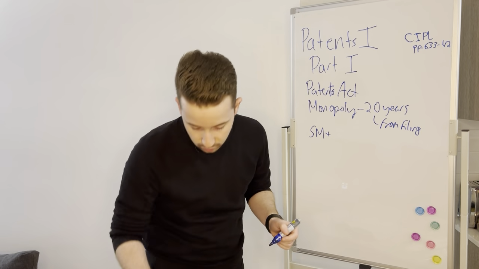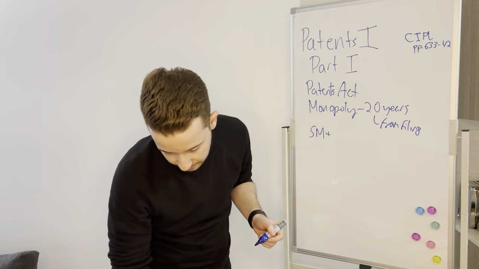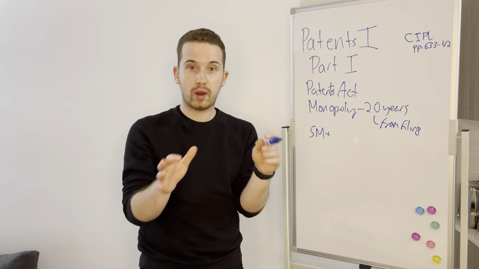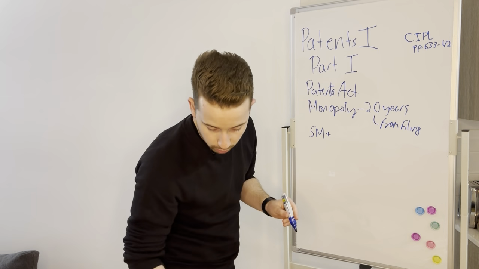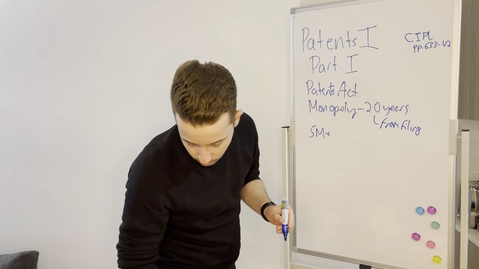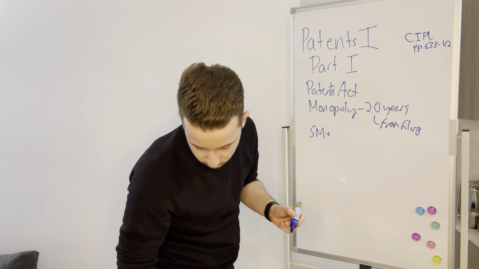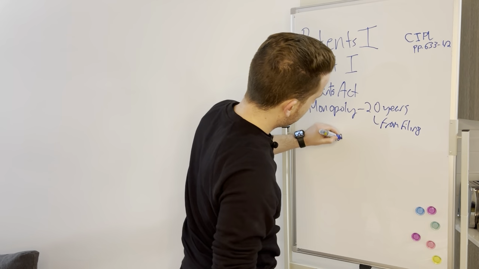So it has to be patentable subject matter, and it has to meet the three main conditions. All of this is very complex. We're getting a very bird's eye view, which is very sufficient for our purposes. So three main characteristics. It has to be novel.